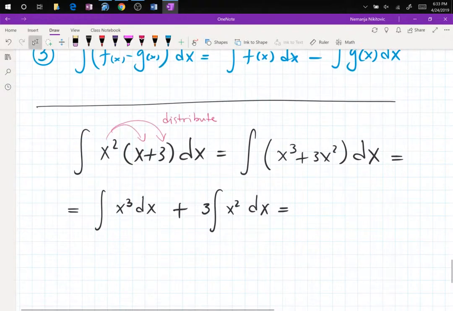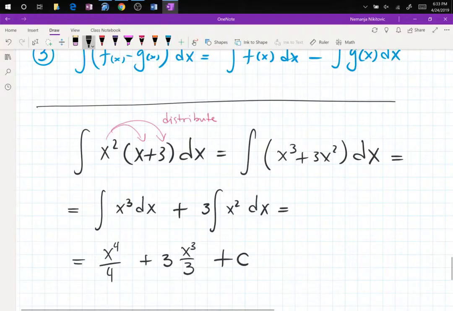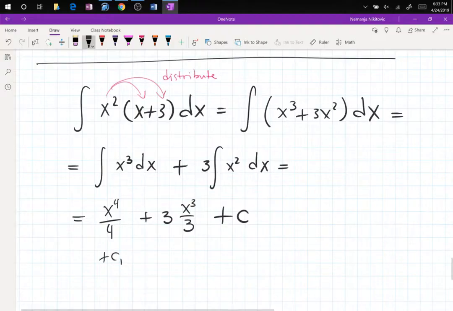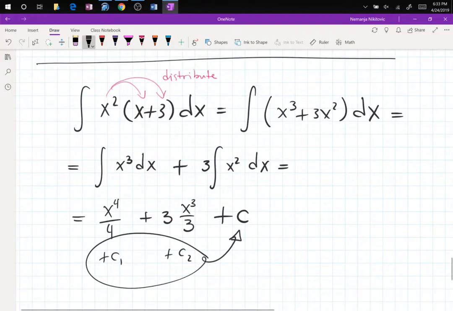Now, as you can see, we are dealing with basic integration. x to the 4 over 4, right? You add 1, plus copy this 3, and then you have x cubed over 3 for the integral of x squared. And then we put only 1 plus c, because there is really no need to go plus c1 and then plus c2 so that you can combine them into a general plus c, right?